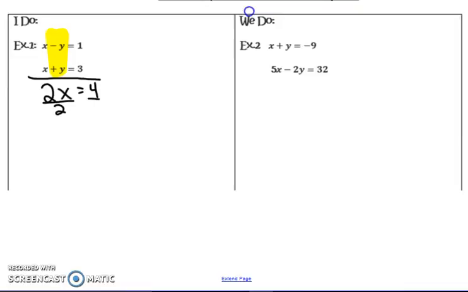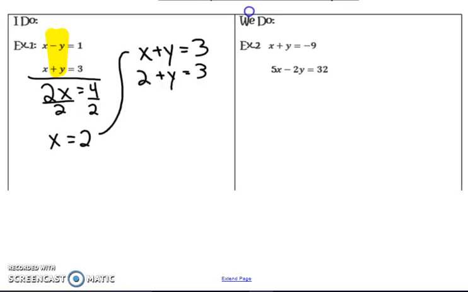Well, if I solve for x, I'm going to divide by 2, and x is equal to 2. From here, I'm going to plug it back in. x plus y equals 3. Well, x is 2, plus y. We're going to subtract 2 on both sides, and now I'm left with y is equal to 1. So my final answer would be 2, 1.